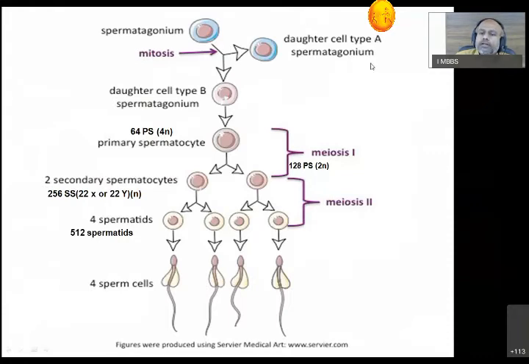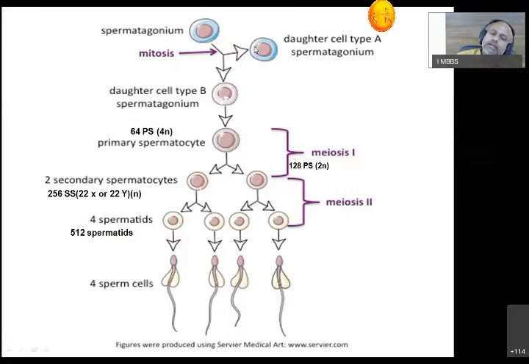Spermatogonium, daughter cell type A, divides mitotically to form type B, type A to type B. Nearly 32 type B are formed. They undergo an increase in size of the nucleus, that is the primary spermatocyte, by the effect of growth hormone.